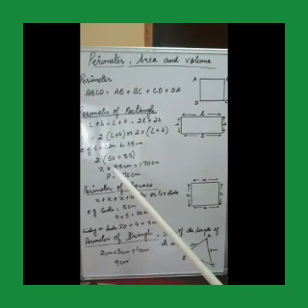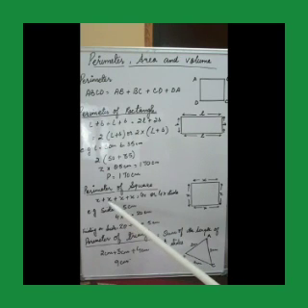Then how to find the perimeter of a square. While finding the perimeter of a square, all the sides of the square are equal. Consider a square of side x. Then the perimeter of the square will be x plus x plus x plus x, which means 4 sides, 4x. Now let's take an example.